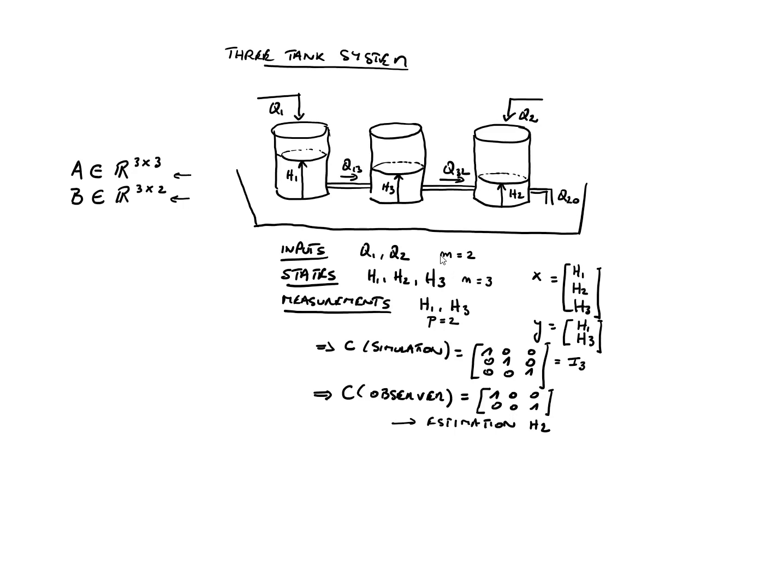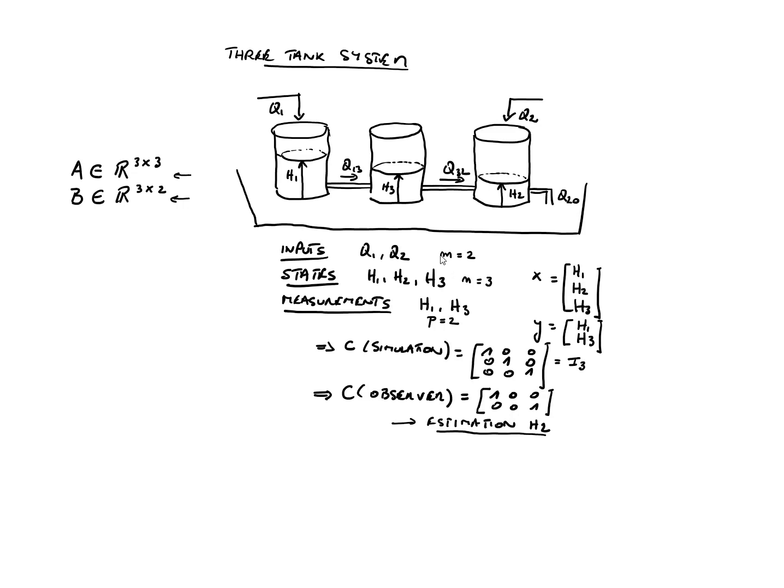Since here we have only access to the first level and the level of tank 3, if we want to implement a state feedback controller, we'll have to estimate H2. And we'll see in the next section that the C that you'll have to use for the observer will actually select the measurements that you have at your disposal.